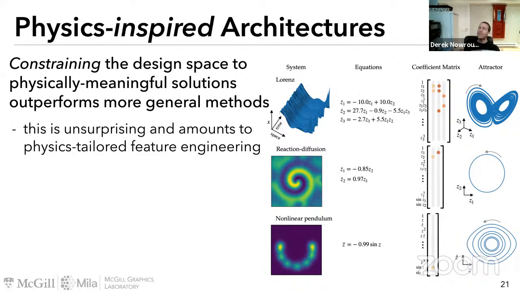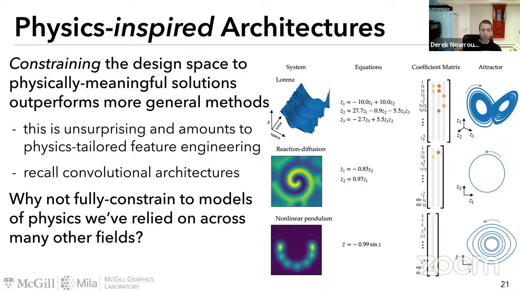Again, this is unsurprising, and I like to think of it as amounting to physics-tailored feature engineering. It's just another example of a specific type of architecture well-suited to the domain you're applying it to, just like CNNs were.